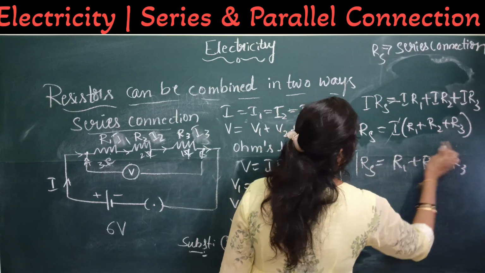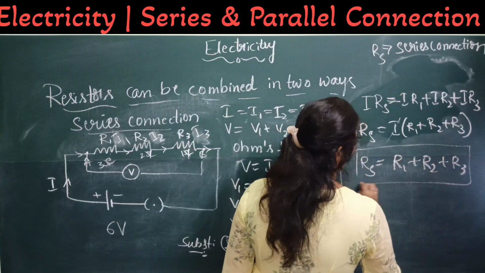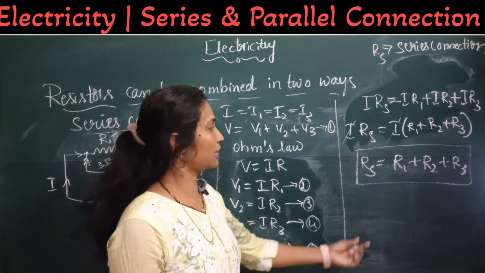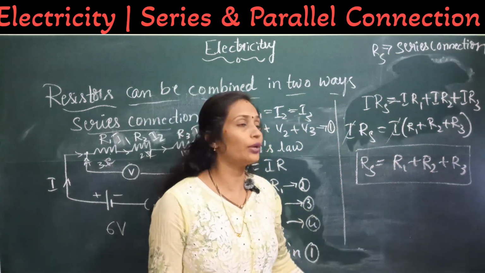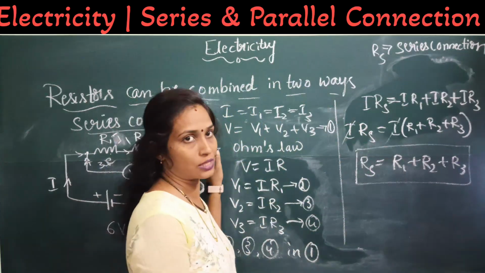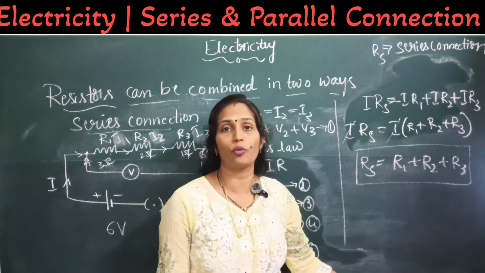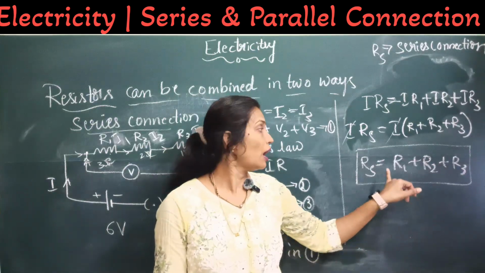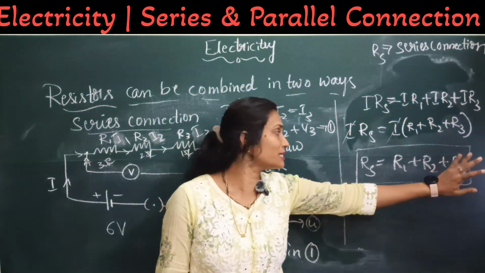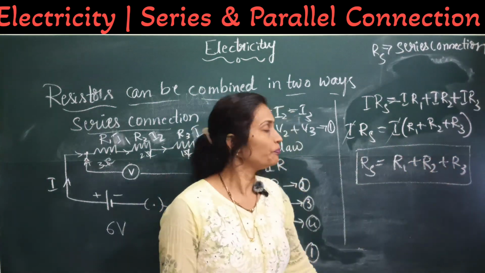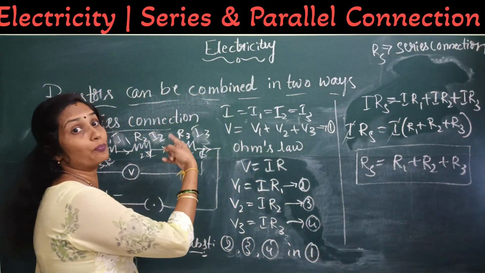This is very important. In series connections, how to calculate total resistance? By using one formula: RS is equal to R1 plus R2 plus R3. And what about the potential difference?